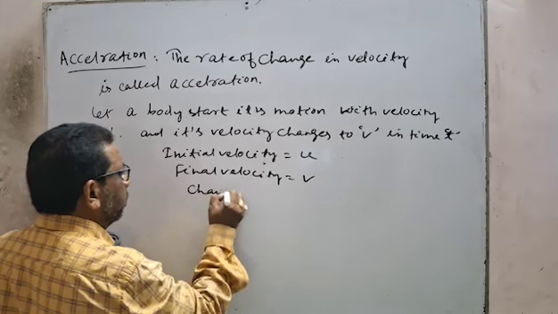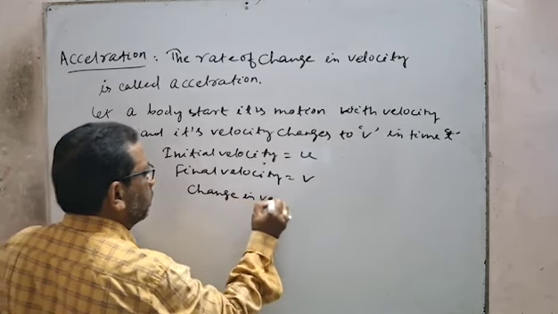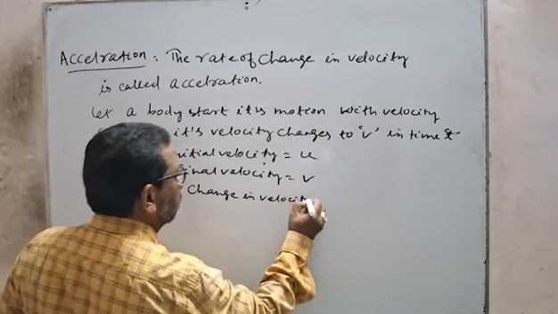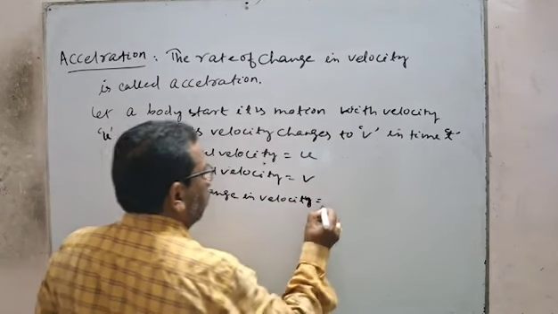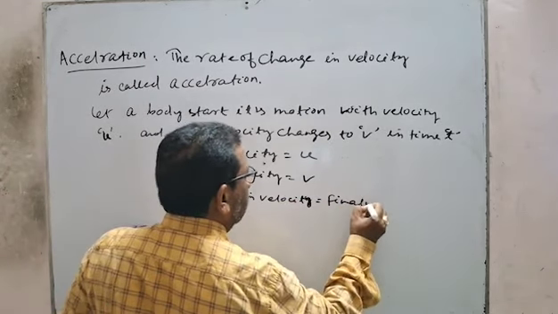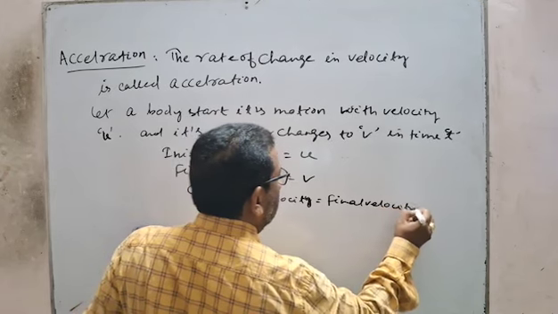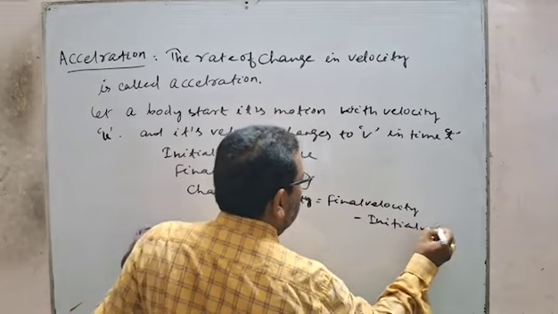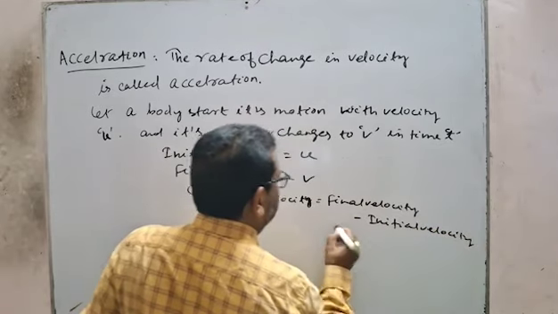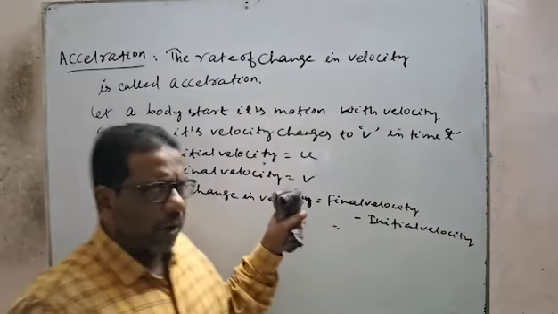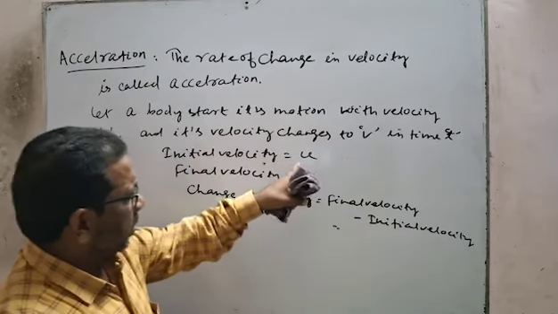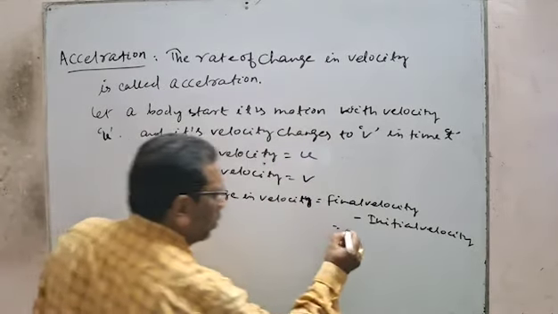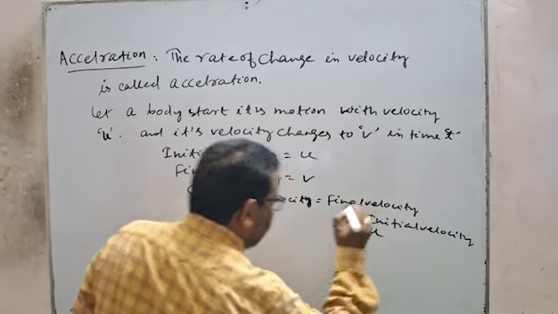Change in velocity is final velocity minus initial velocity. What is final velocity? V. What is initial velocity? U. So change in velocity is equal to v minus u.